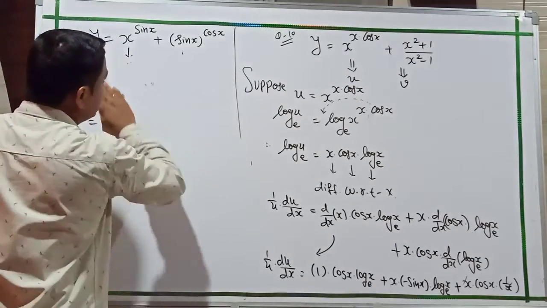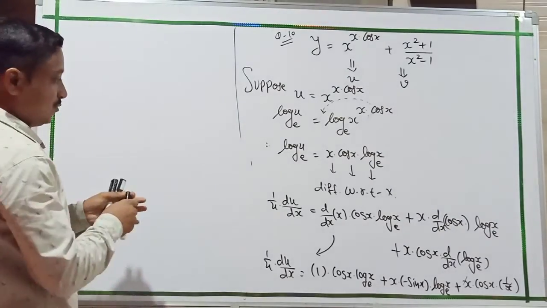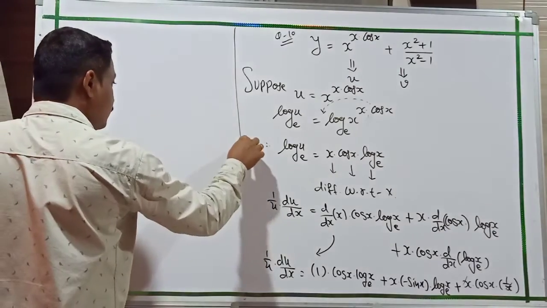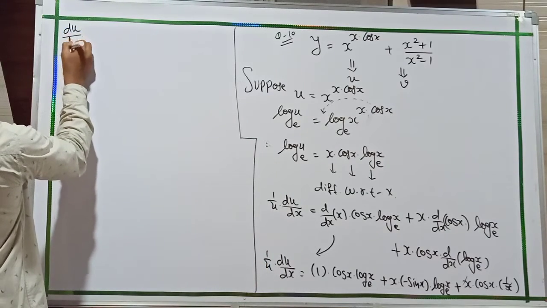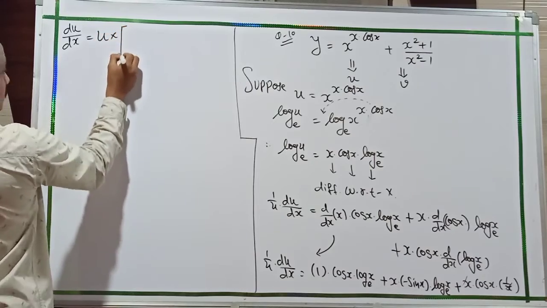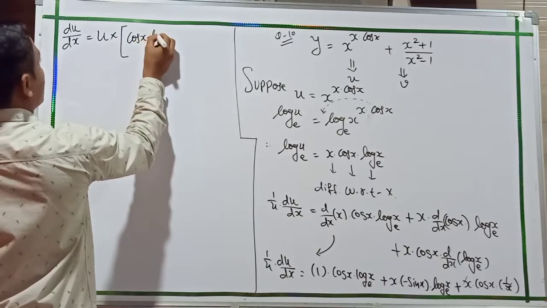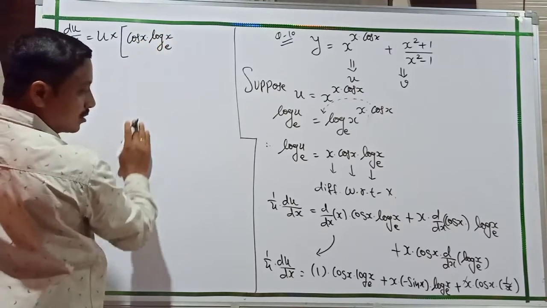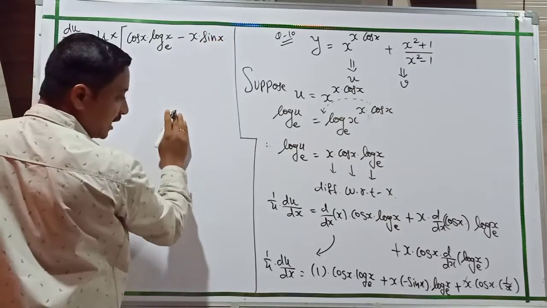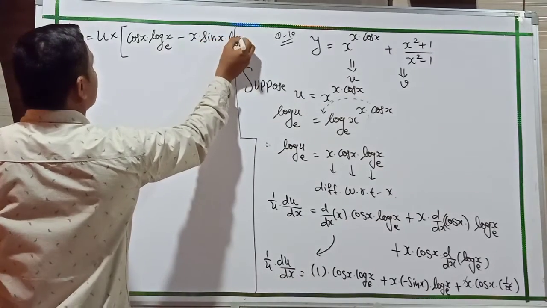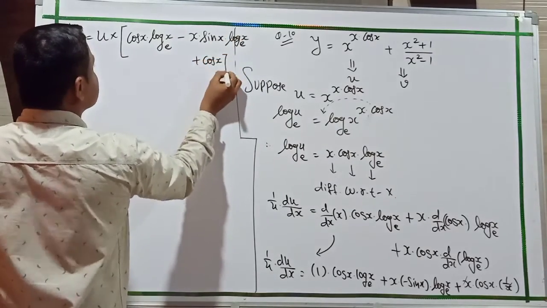I just write it down with du by dx. So finally, what is du by dx? U into this value: cos x into log x base e, minus x into sin x into log x base e, and plus cos x as it is.